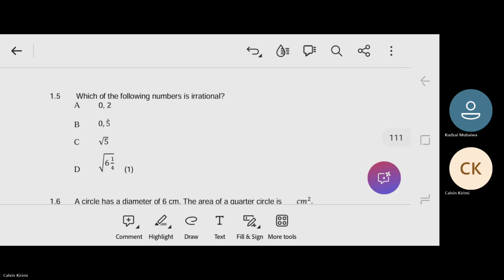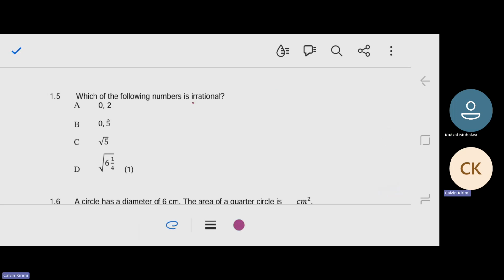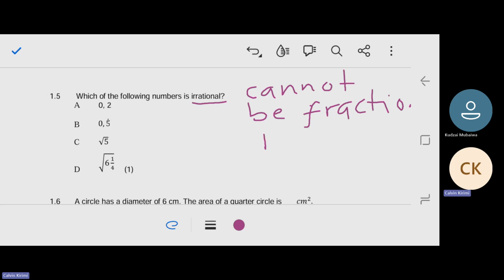It cannot be expressed as a fraction. We mean it can be a ratio. A fraction is this kind of ratio. So which one? C, that's good.